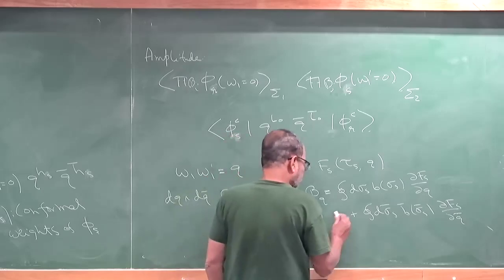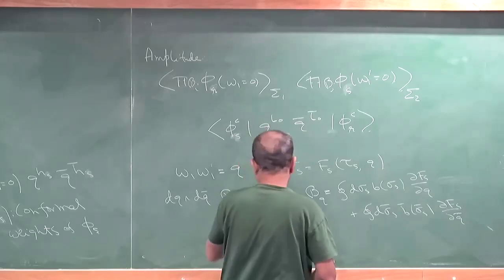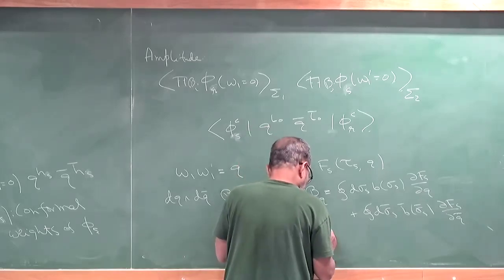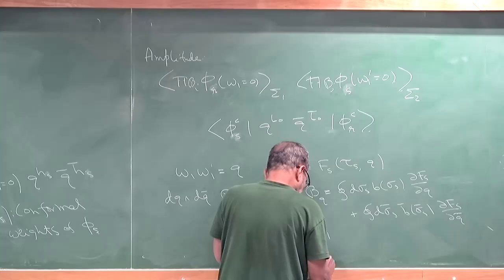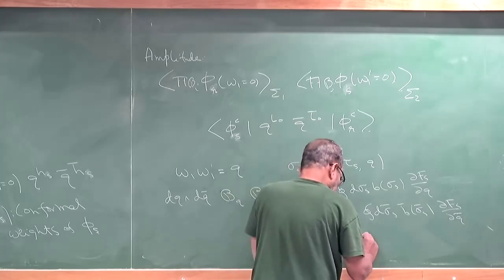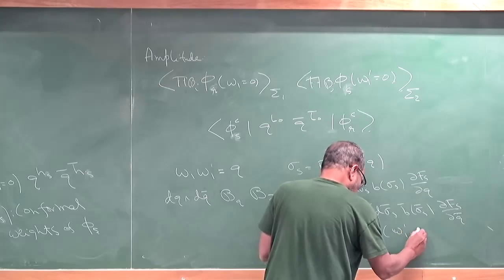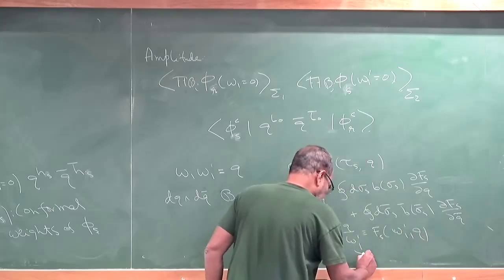Okay. So what is fs here? So we have the relation w1 prime, w1, this is our sigma s, is equal to q by w1 prime. So this is fs of w1 prime and q. Okay, this is my tau s.